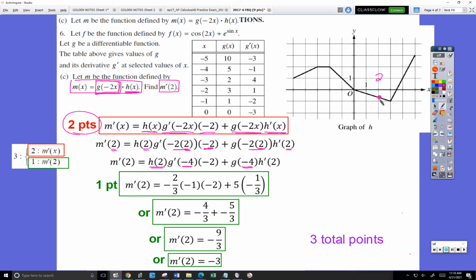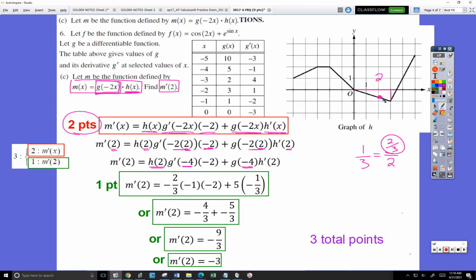Okay, well, this line goes down 1 and over 3. So down 1 over 3. Which means if I go over 2, I have to go down 2/3.